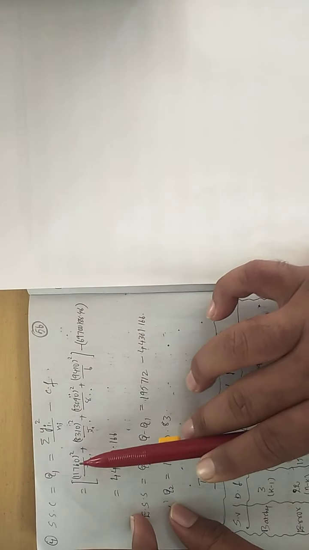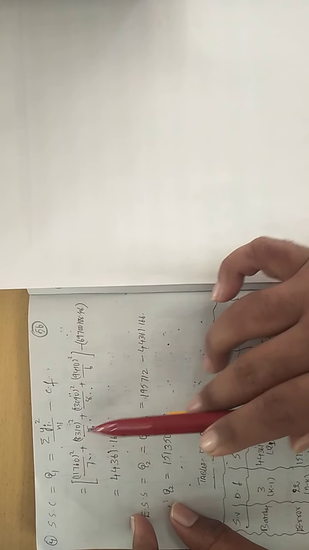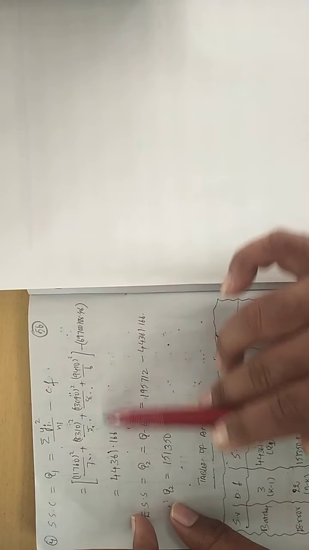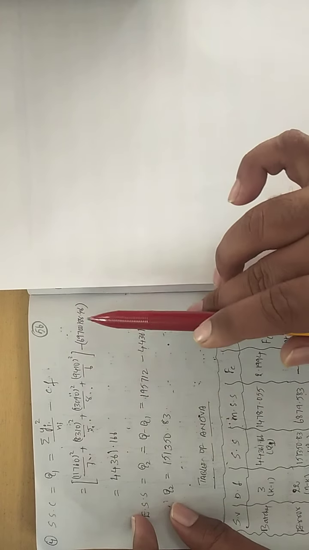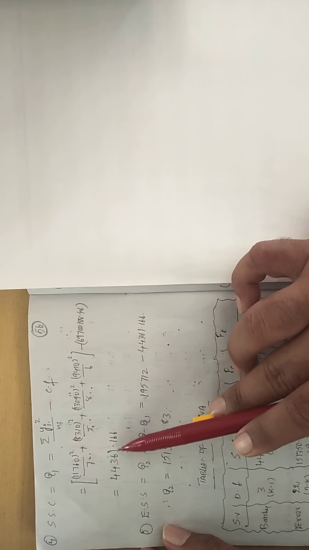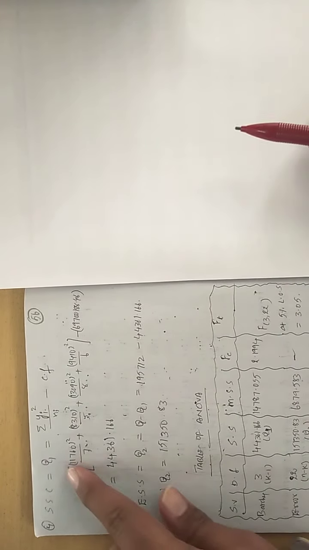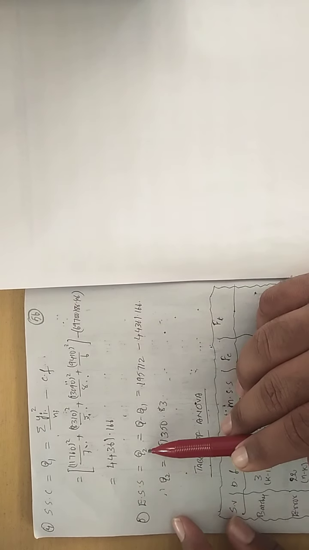Like that, how many columns are there? 4 columns are there. So the 4 column totals, squared and divided by their respective number of elements, summed, minus CF, the correction factor. So you are going to get 44,361.166. After getting Q1, the next one is Q2.